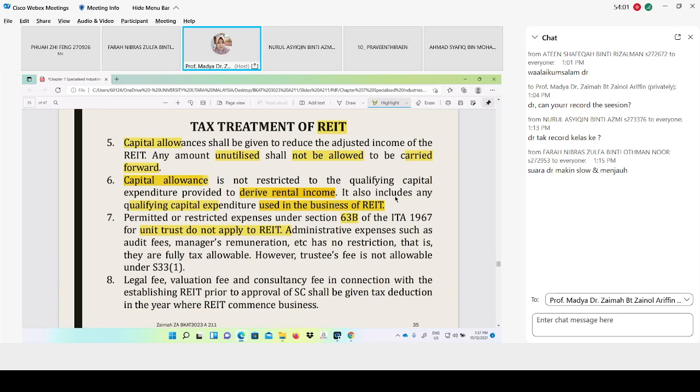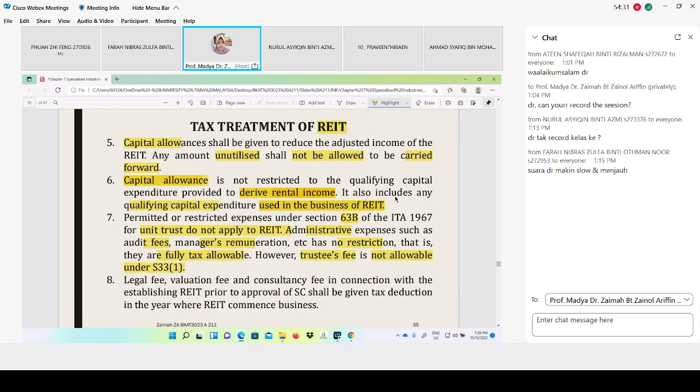In here no restriction, because we have allowable expenses that are revenue expenses. And also administration expenses such as audit fees and management remuneration have no restriction, that is, they are fully tax allowable. Okay. However, trustee fees is not allowable under section 33(1).